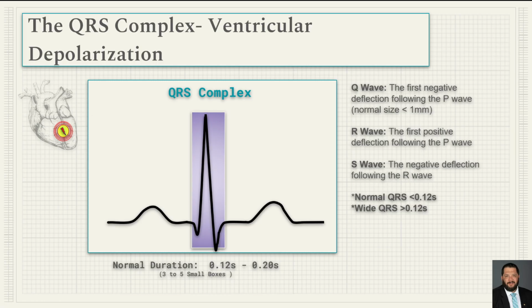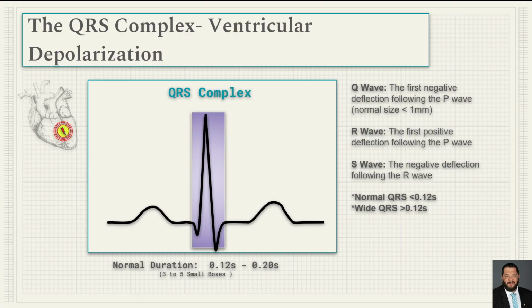The next complex that we look at is the QRS complex. Now, unlike the P wave, the QRS complex is actually broken down into 3 separate waveforms that combine together to make the QRS complex in its entirety. The Q wave, by definition, is the first negative deflection following the P wave.